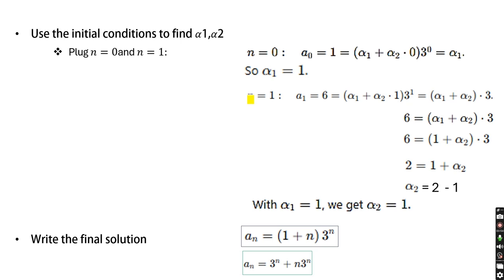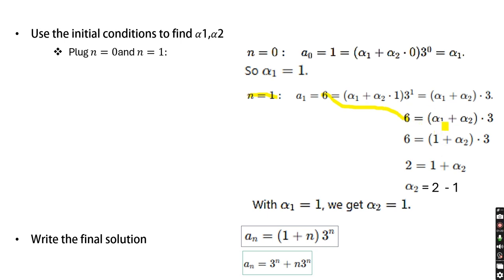And the next is we have our n is equals to 1 and then our a1 is equals to 6. So a1 plus a2 times 1 tungod kay n is equals to 1 times 3 raised to the power of 1 is equals to a1 plus a2 times 3. And then we have 6 because this is the value of our a1.